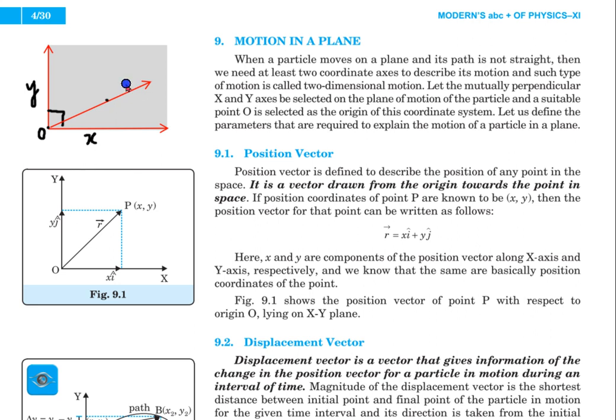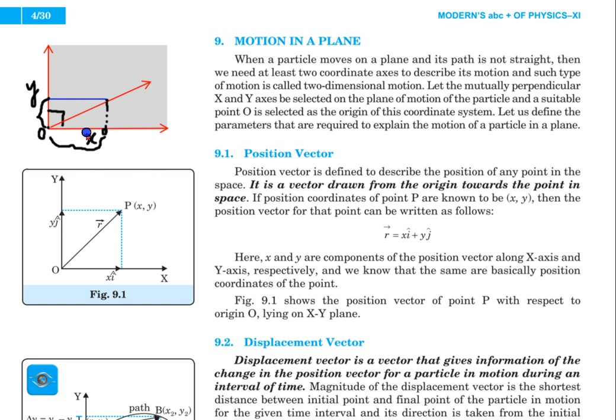the displacement along the y-axis will be the length between these 2 points. That is the displacement along the y-axis, and the displacement along the x-axis will be the distance between the origin and this point. That is the displacement along the x-axis.